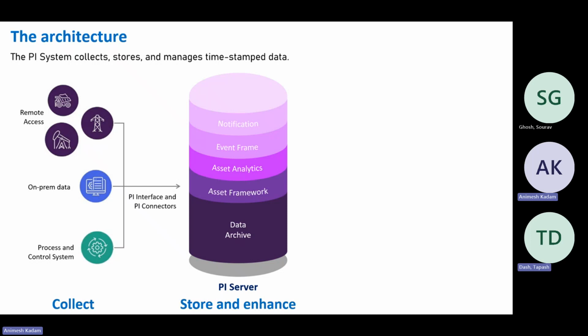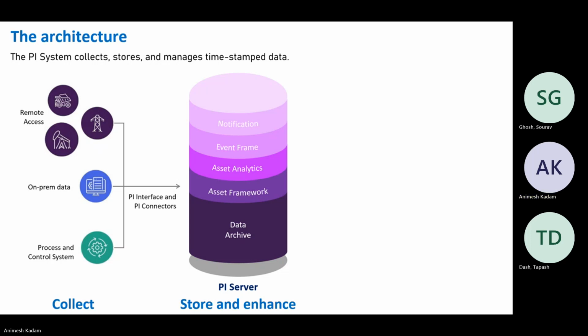The connector is mostly particular to a particular type of data source. Suppose the PI connector for DeltaV, or the PI connector for OPC UA, or a PI connector for any other particular data source, like a particular make and model of DCS. There are some more features in PI connectors which we will discuss in the next few slides.